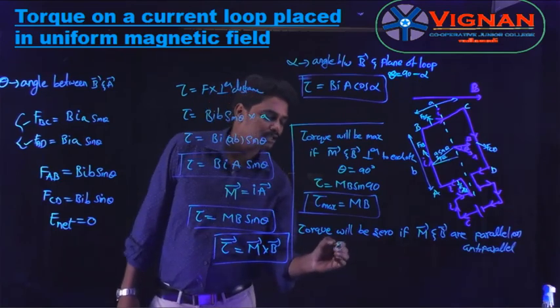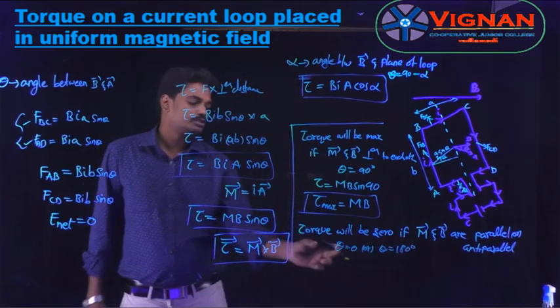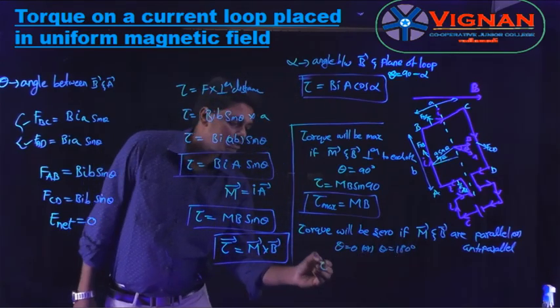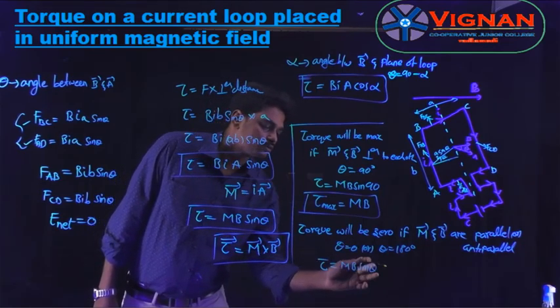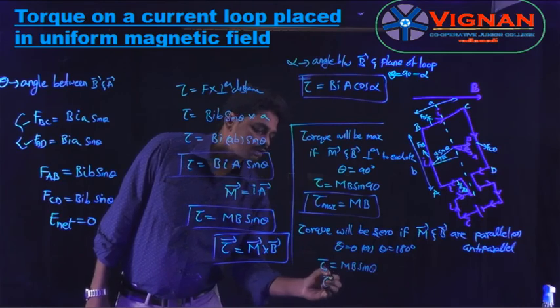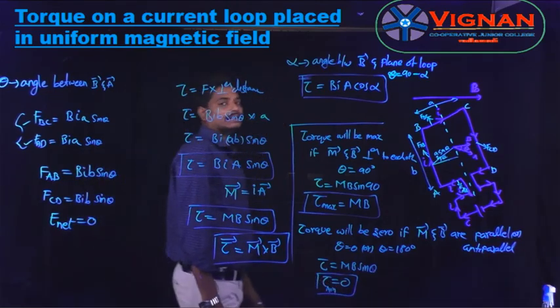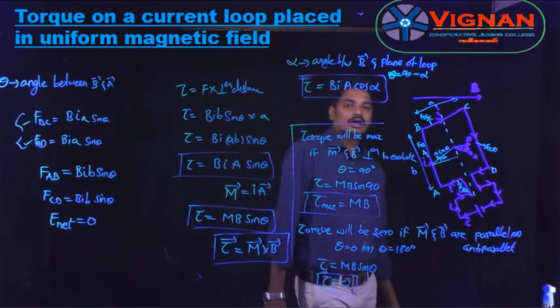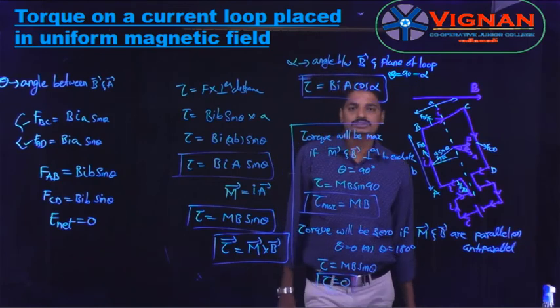Parallel or anti-parallel means theta is equal to 0 or theta is equal to 180 degrees. If we substitute the value of theta in the expression, torque tau is equal to MB sin 0, and sin 0 is 0, so tau is equal to 0, which is the minimum value. Only if the magnetic moment and the magnetic field strength are parallel or anti-parallel will the torque be 0.